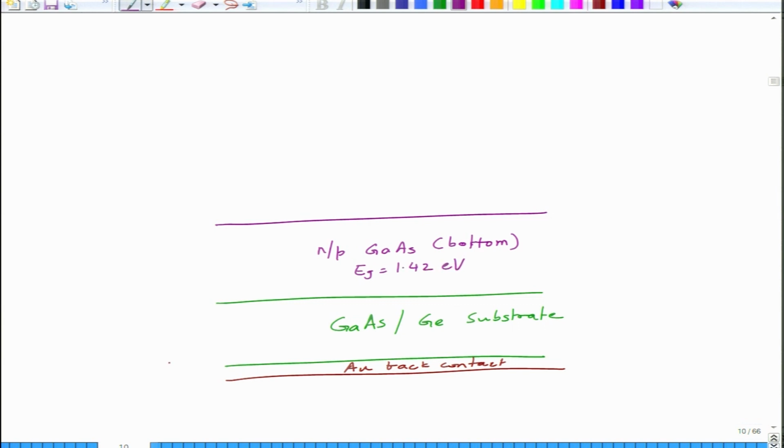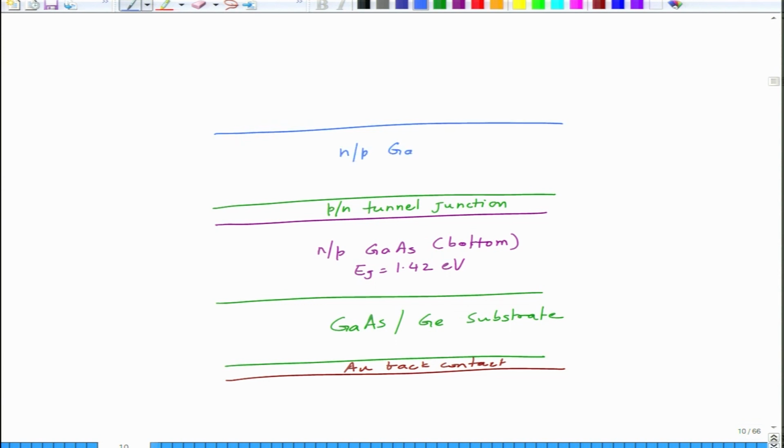eV. Then we have a PN tunnel junction, and then we have another top cell. So, we have a top cell which is NP, let us say gallium indium phosphide, and this has a band gap of 1.85 eV, and then we put an anti-reflection coating on top, and we put electrodes.